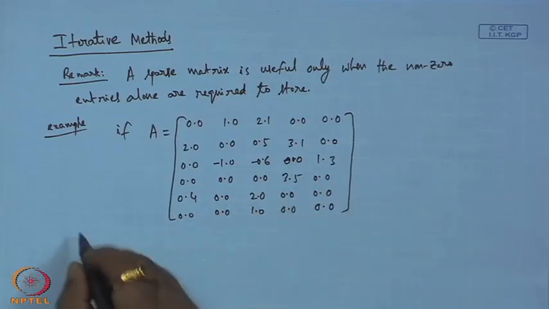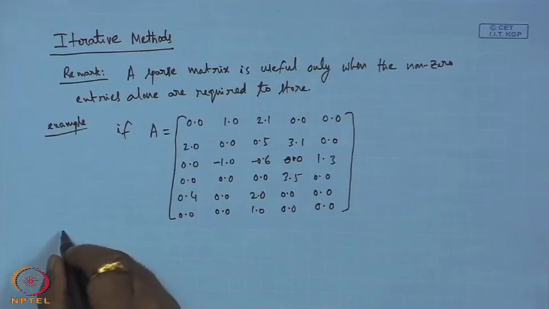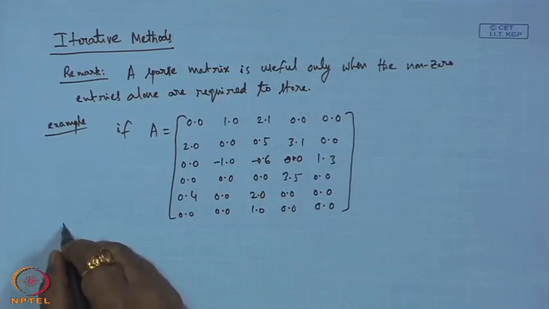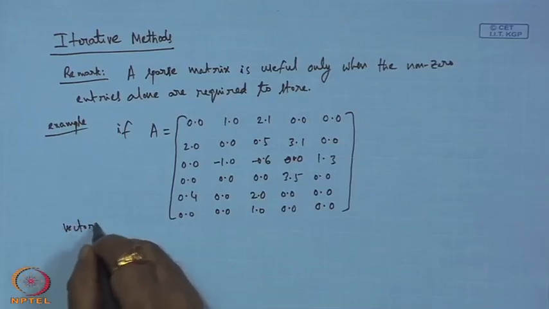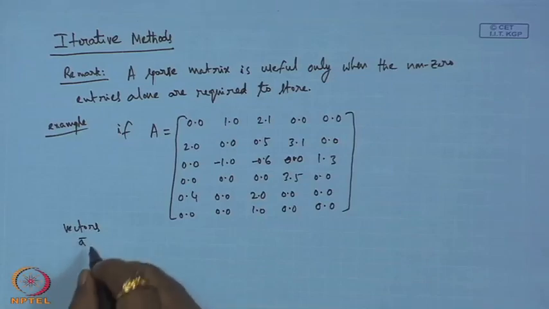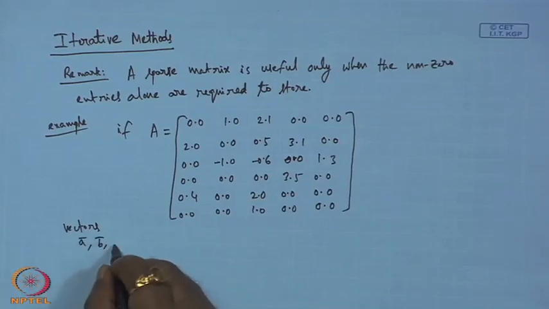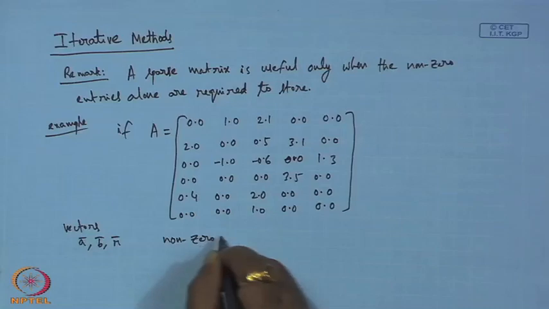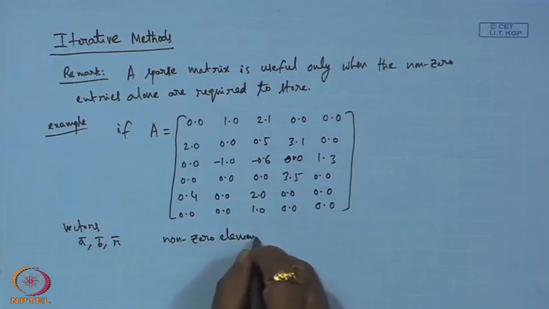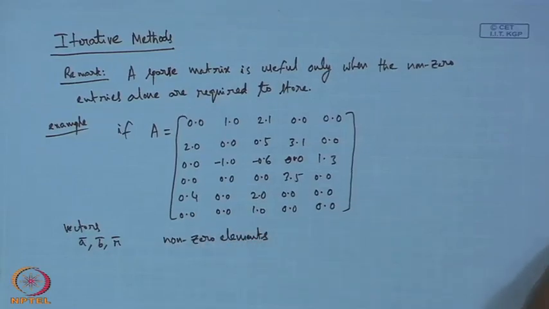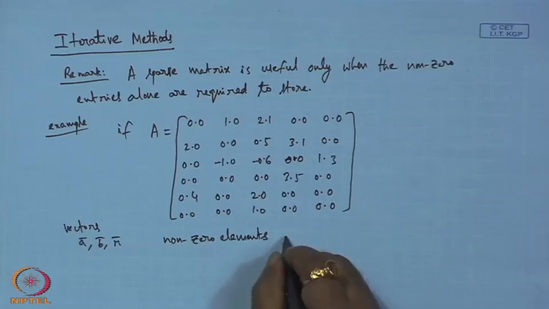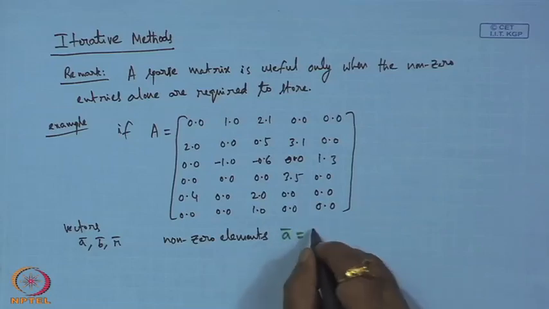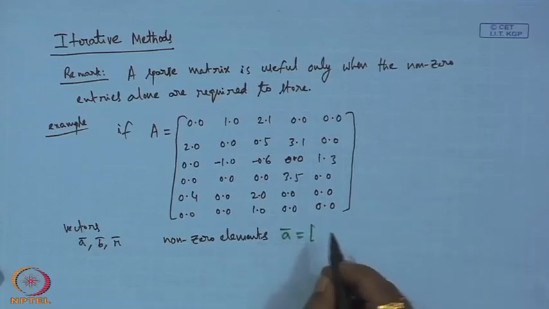What are the possible methods? For example, we have 3 vectors A bar, B and R. Where A bar holds the non-zero elements. Okay. How?